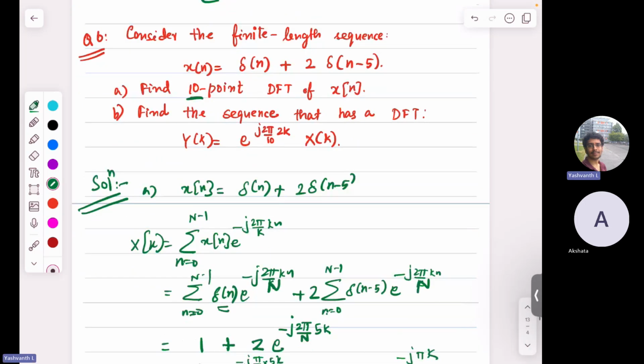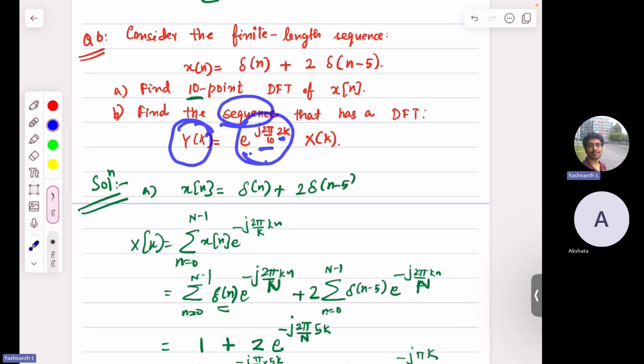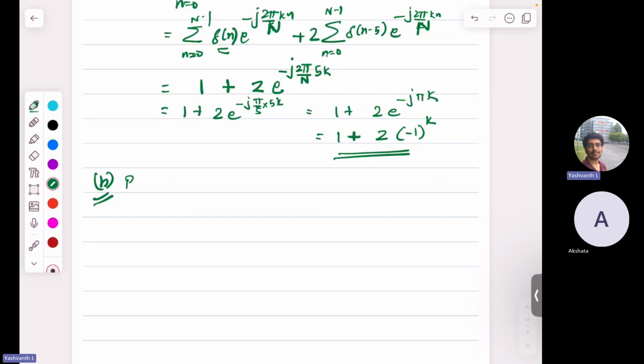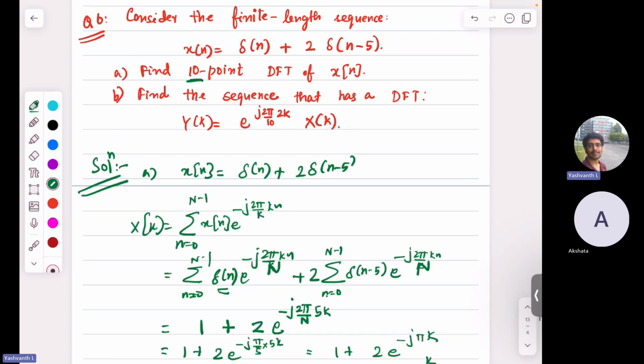Now, let's say I construct another sequence y of n whose DFT y of k is equal to e power j 2 pi by 10 into 2k into x of k. By the time shifting property, what is y of n? x of n plus 2. Why n plus 2?